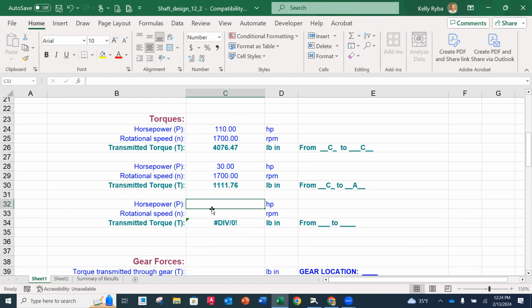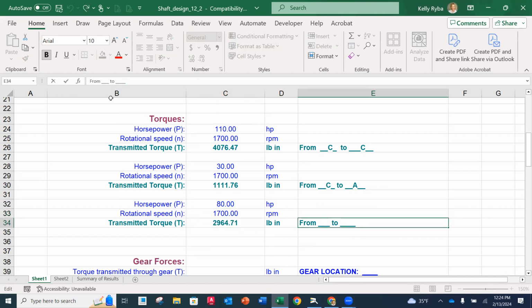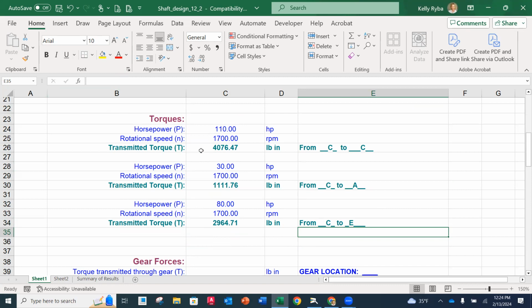And then the last one that we have is going to be 80 horsepower, 1700 RPMs. And this one is going to go from C to E. So these are the separate torques that we're going to see. This torque right here, the 4076, is going to be when we are looking at point C.